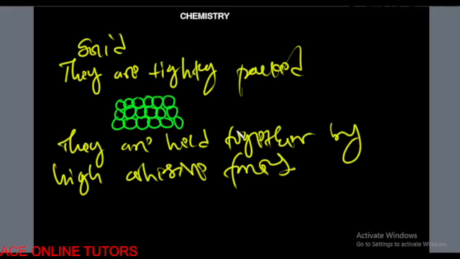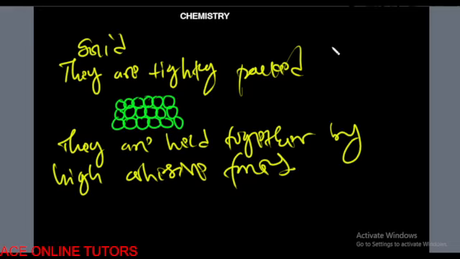Those forces determine the strength of that particular solid. If it is an electrovalent bond, the solid is going to be very strong, because electrovalent bonds are very strong. But if it's a covalent bond, it is not going to be as strong, and if it's a van der Waals bond, it is not going to be very strong.